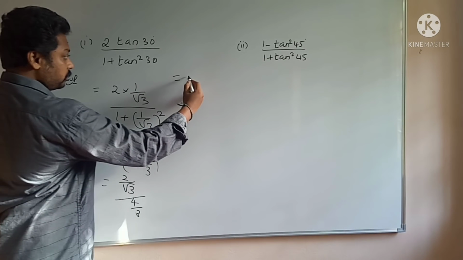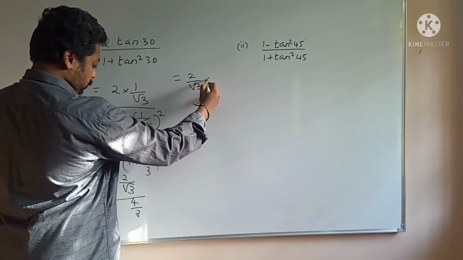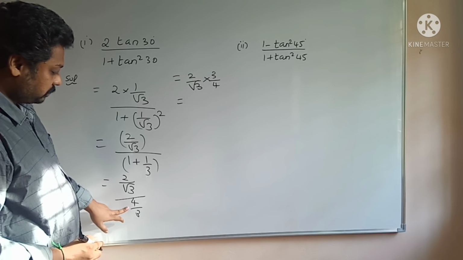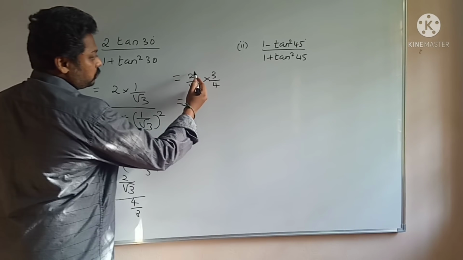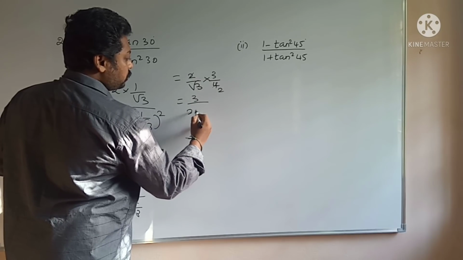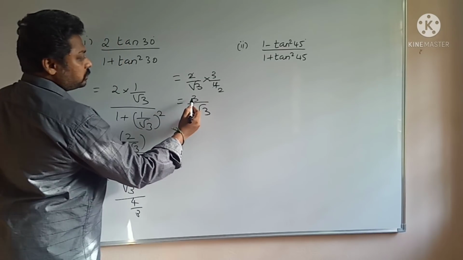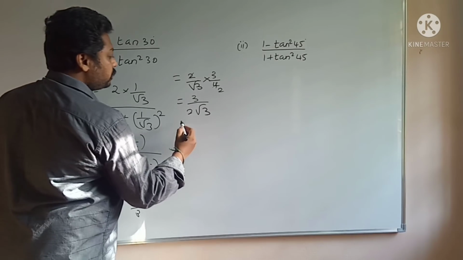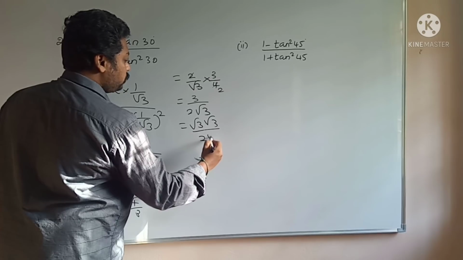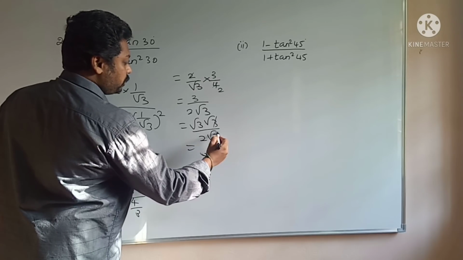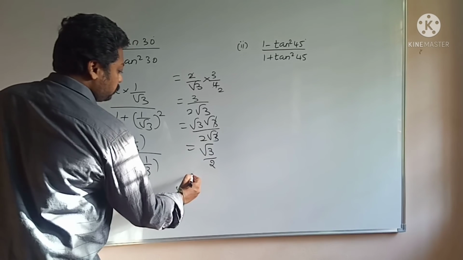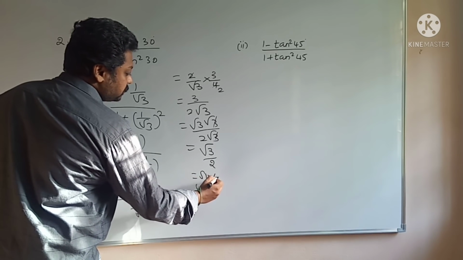So that is equal to 2 by root 3 into 3 by 4, because division is the reciprocal multiplication. So 1 2's, 2 2's, so 3 by 2 root 3. This 3 we can write as root 3 into root 3, divided by 2 root 3. So root 3 got cancelled, and the answer is root 3 by 2. That is equal to sin 60.